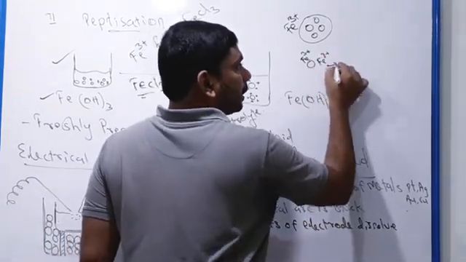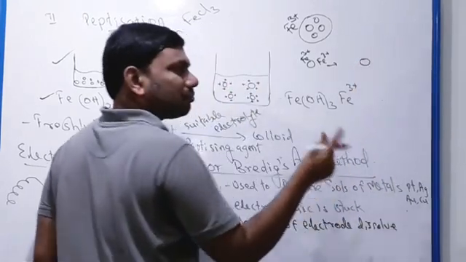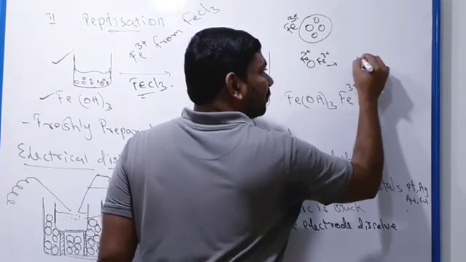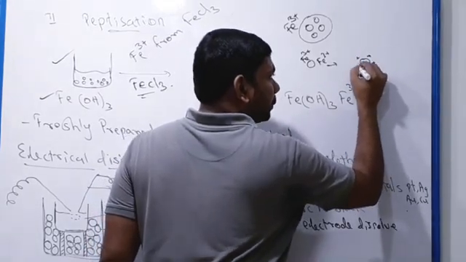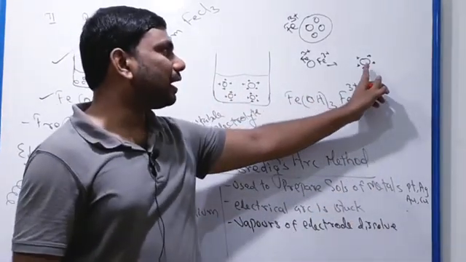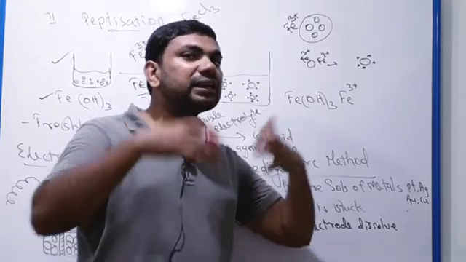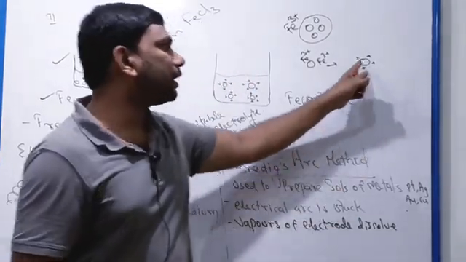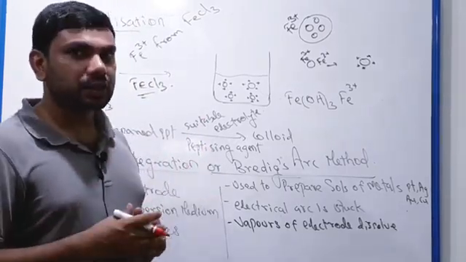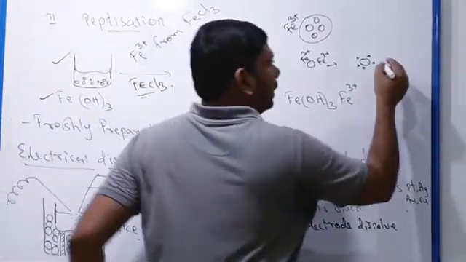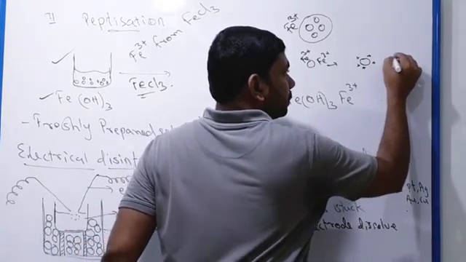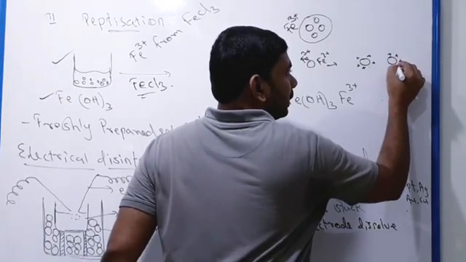This I am showing here like this. One precipitate molecule absorbs many Fe3+ ions. This positive one precipitate is surrounded with different Fe3+. This I showed here, one molecule with different positively charged particles. Same thing is happening near this precipitate molecule, another precipitate molecule also absorbing Fe3+.